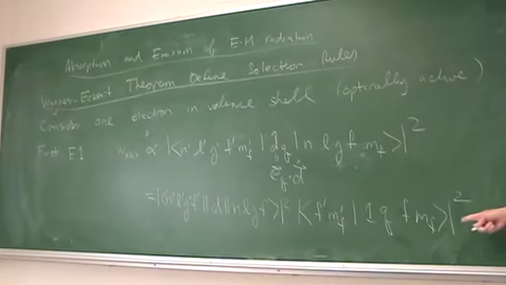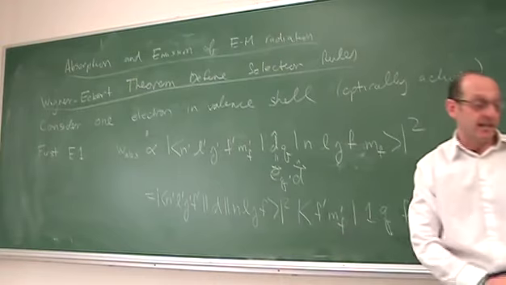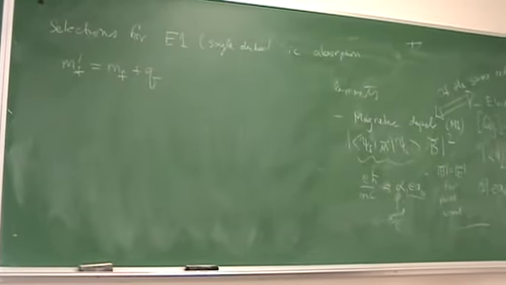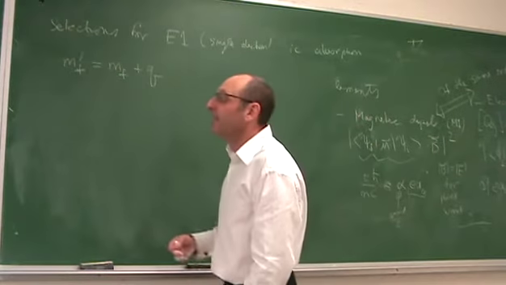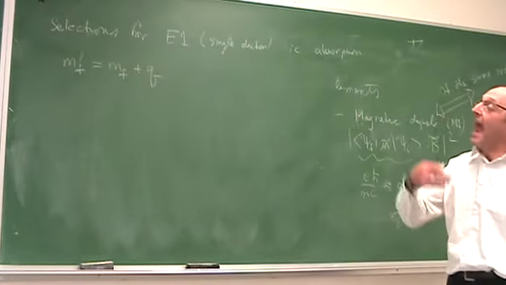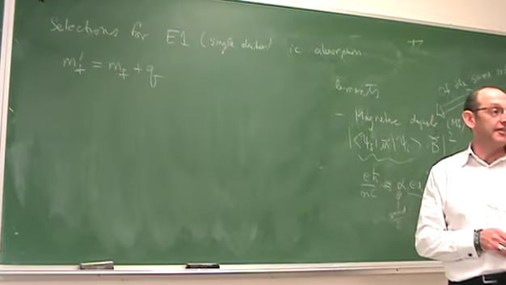What can we say here? Well, we see, according to this, M prime has to equal M sub f plus Q. That is the only way that this Clebsch-Gordan coefficient is possibly non-zero. If the magnetic sublevels don't add up, then I don't conserve angular momentum along the z-axis.